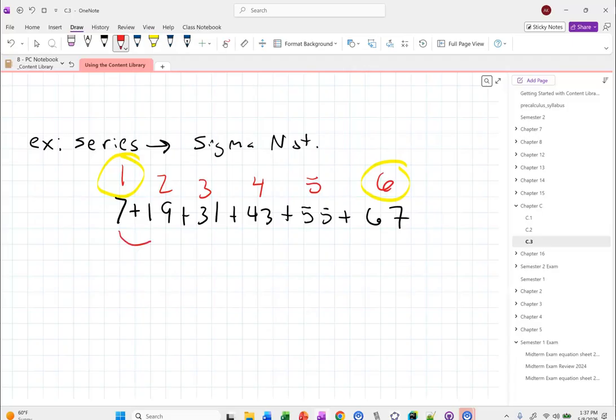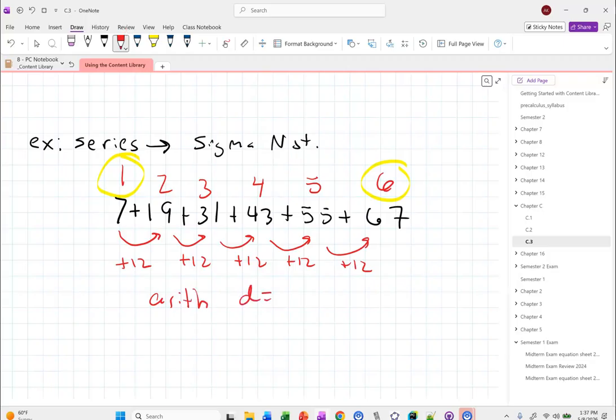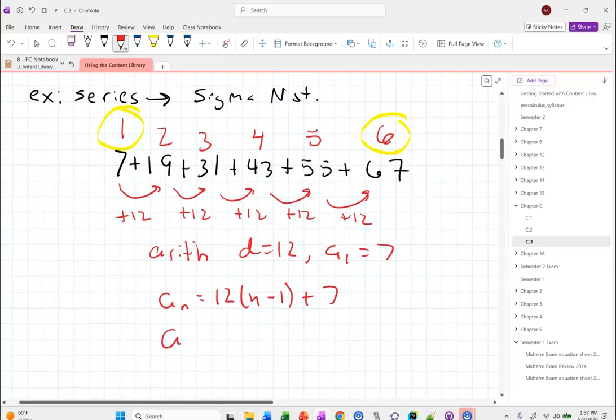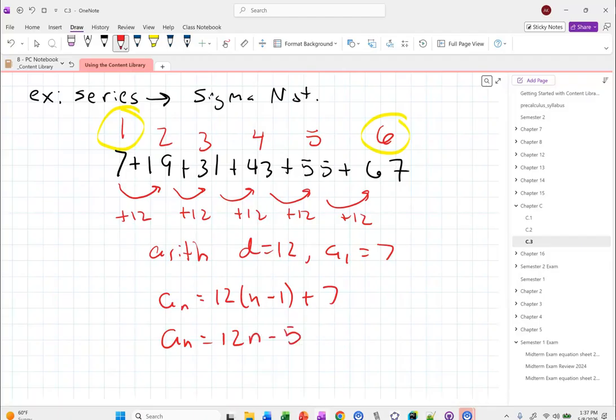Now all I need is the explicit formula for the sequence. If I look at this, it looks like it's arithmetic because I am adding 12 each time. And since I know the first term and the d, I can write my explicit formula for an arithmetic sequence quite easily, right? If I distribute the 12 through and combine some like terms, I got that.